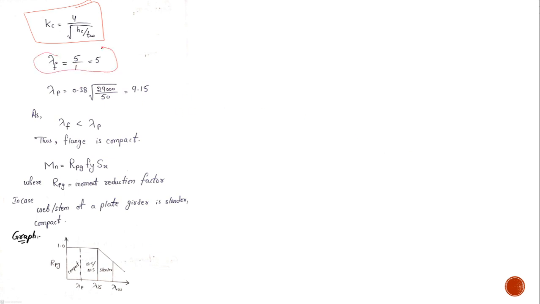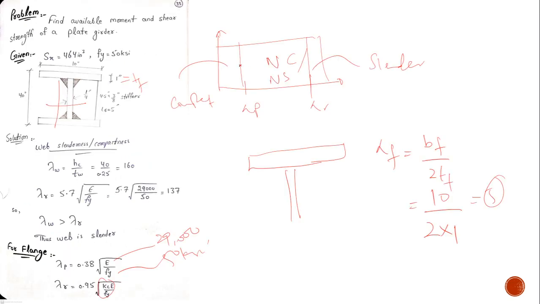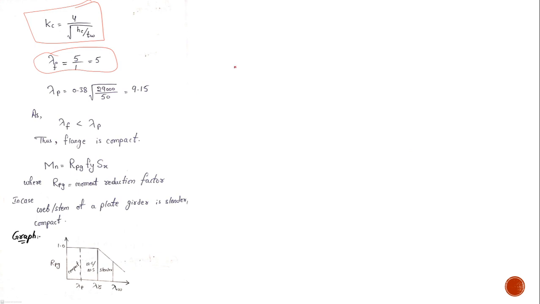Lambda f is 5. If you look here, your lambda f is 5, your lambda p is 9.15, and lambda r is 0.95 times the expression.